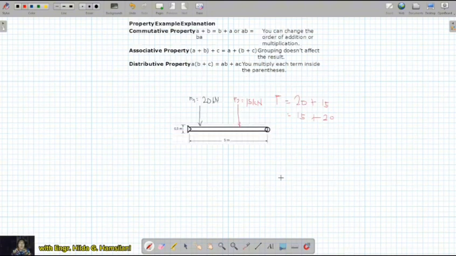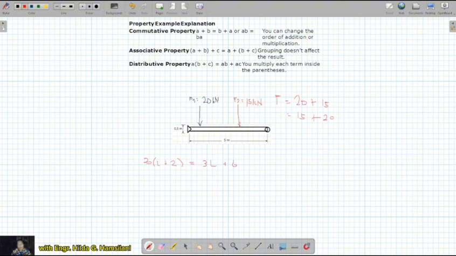Using the distributive property, we can distribute the constant across multiple terms in an equation. Let's say, for example, 3 times the quantity (L + 2). If we distribute that, it becomes 3L + 6.